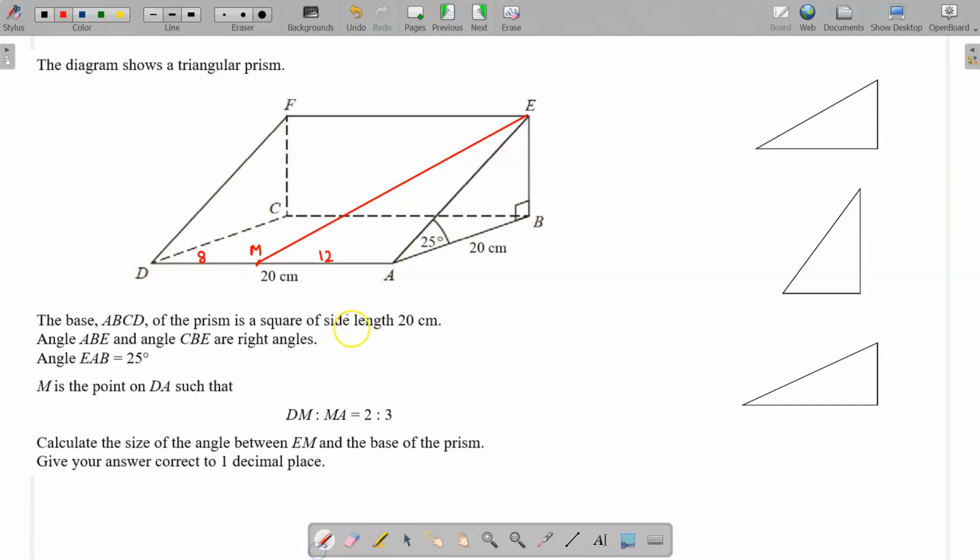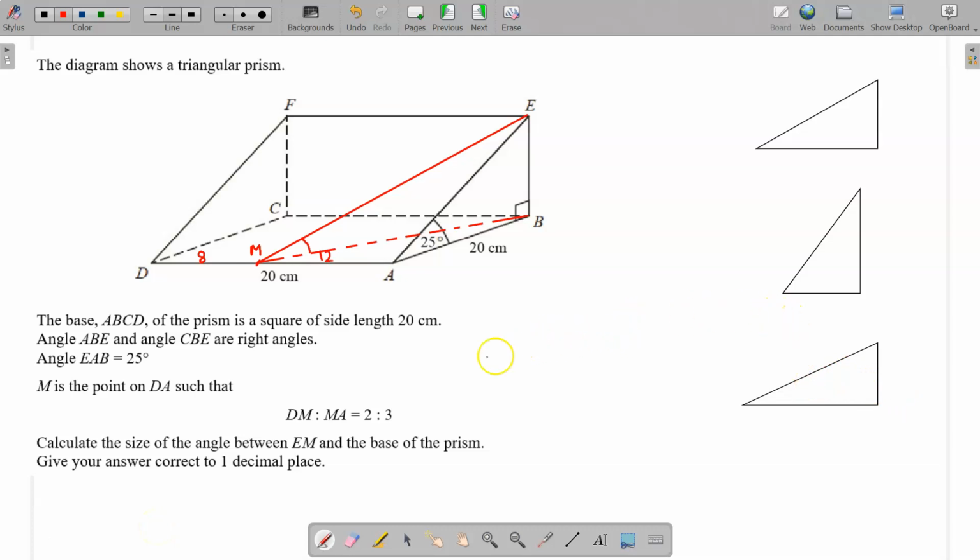Okay, and the best way to illustrate the angle is to show you it this way. If you now put a line across the base of the floor like that, I'll just make that a dotted line just to make it a bit clearer what's going on. So if you imagine that line I've just drawn there across the floor of the prism, the angle I'm looking for is this angle in here, like this. Okay, that's the one I'm actually calculating.